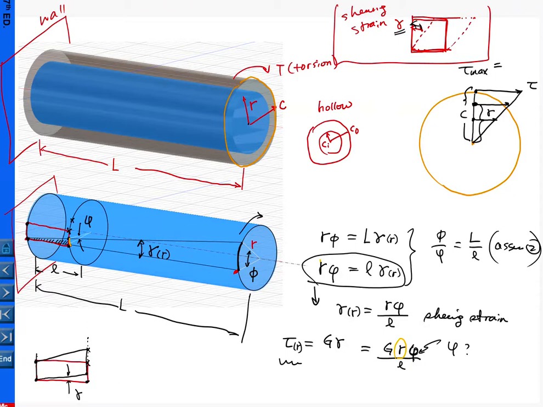To answer that question, maybe we can translate the information to this cross section here. Again, that is the cross section we made. Let me continue using that cross section. Basically, I take this cross section, which is at L equal to L. That means tau is a function of r, and that is g times theta times r.